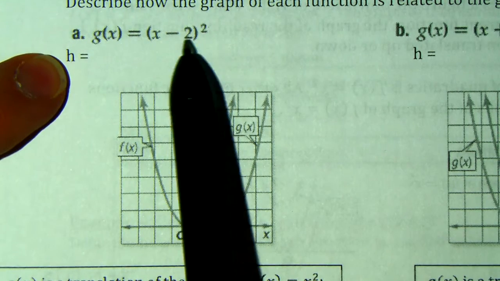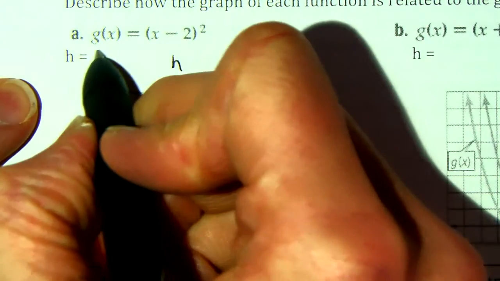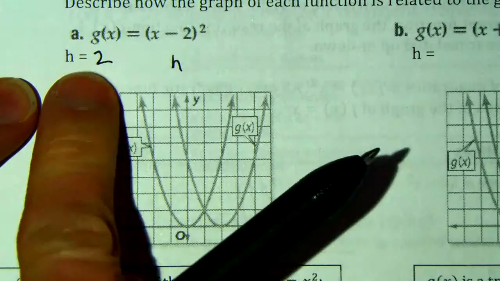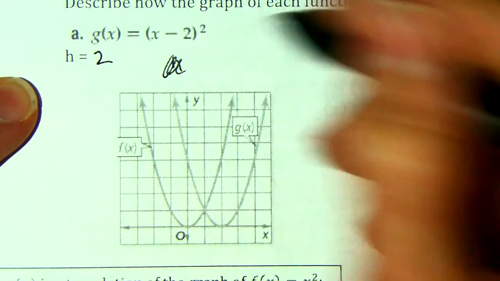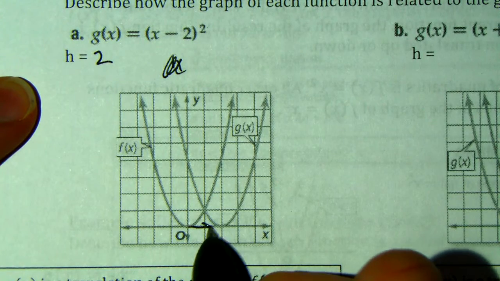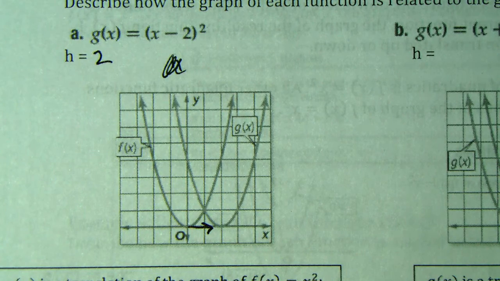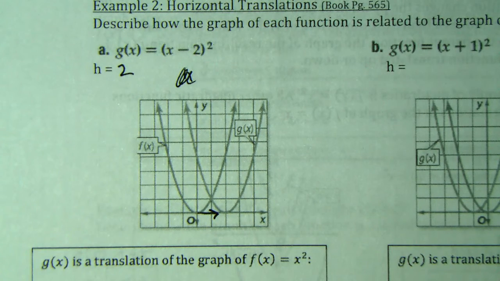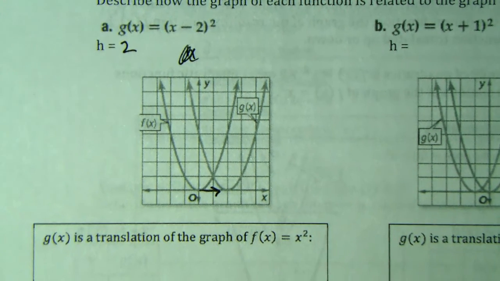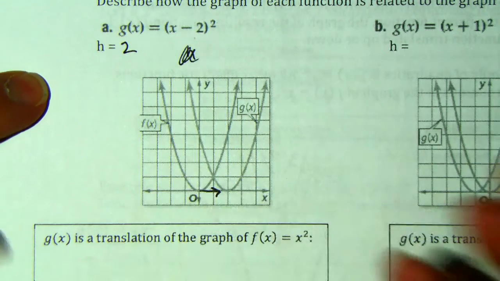H is positive 2, which means, remember, it's the opposite, right? That's the hard part. Yeah, that's weird. It is weird. And it's opposite because the formula is minus. Okay? So h is actually a positive 2, which means we are translating 2 units right.